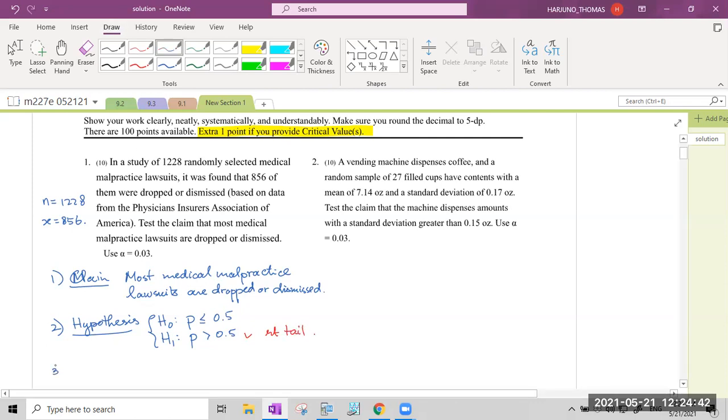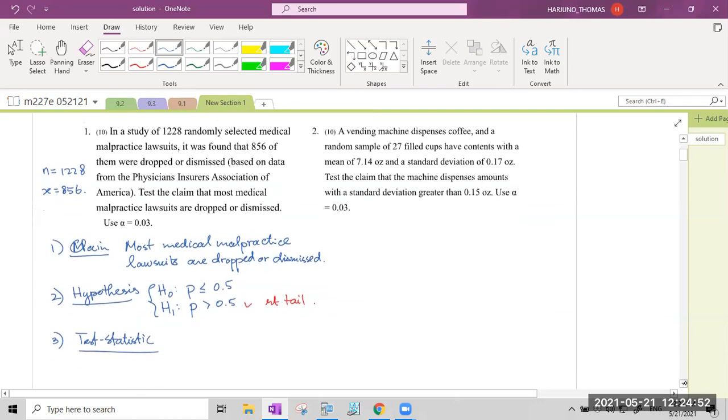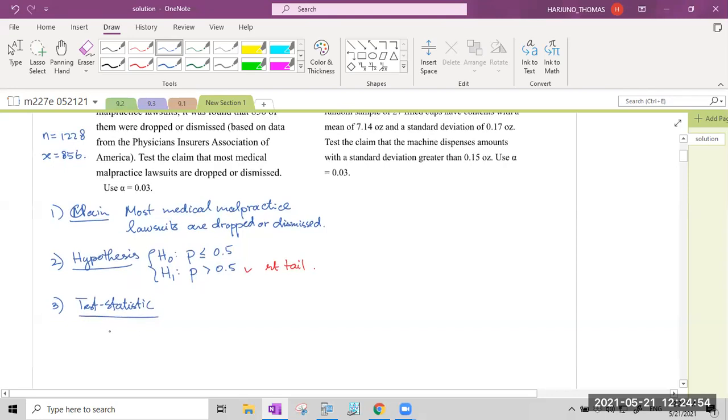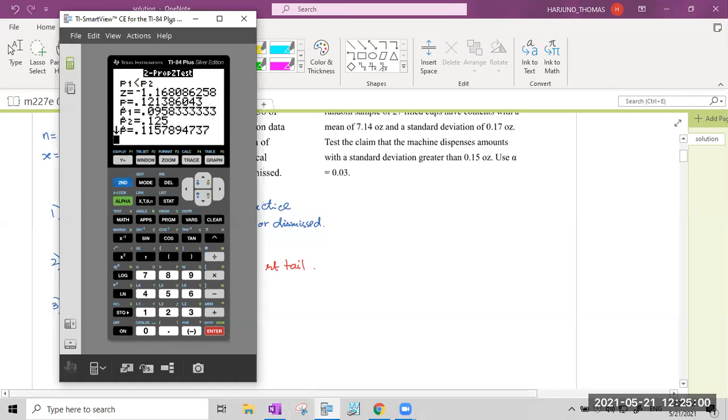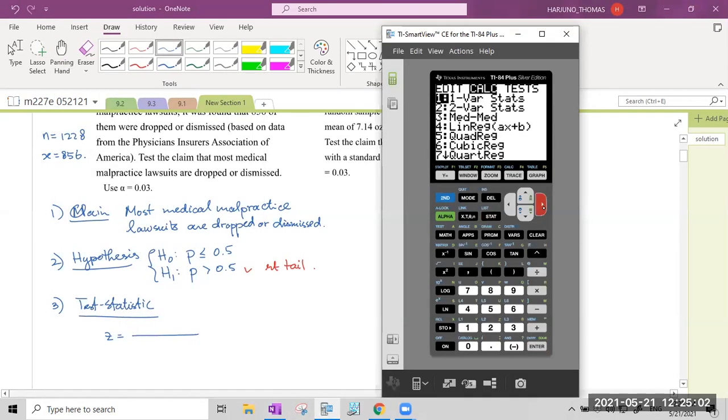Step 3, test statistic. That's proportion, so always Z. Let me plug in numbers to my calculator. That will be 1 proportion Z test, okay?